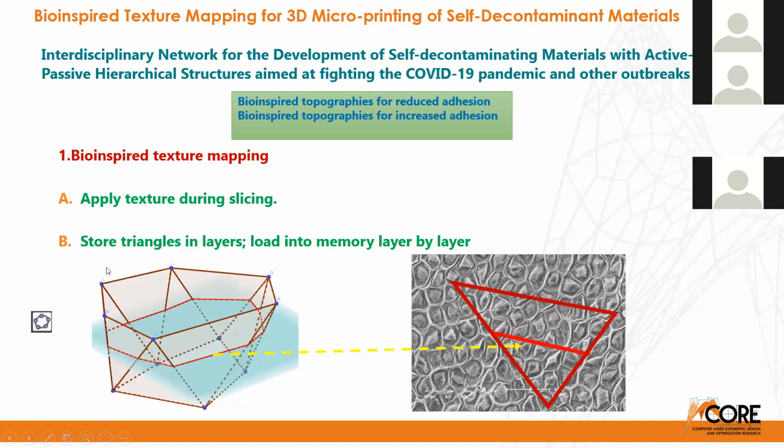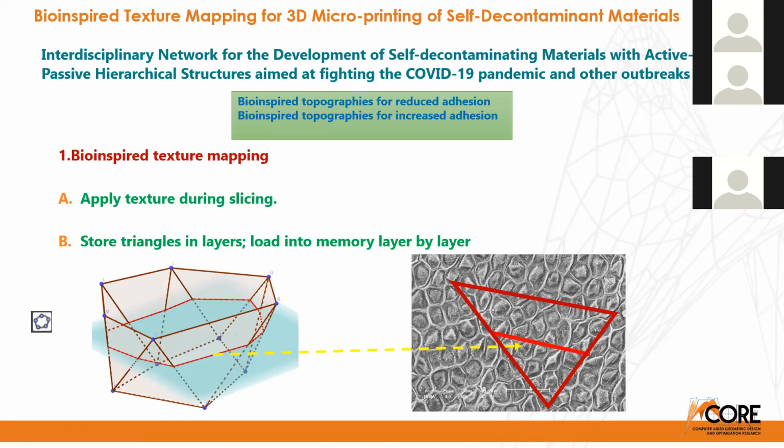This is one idea. The other idea is we can actually do the retriangulation and work with the billions of triangles, but then we store them as in a database, in such a way that we can load into memory layer by layer. So we only load a certain layer of triangles that corresponds to a plane, something like that.